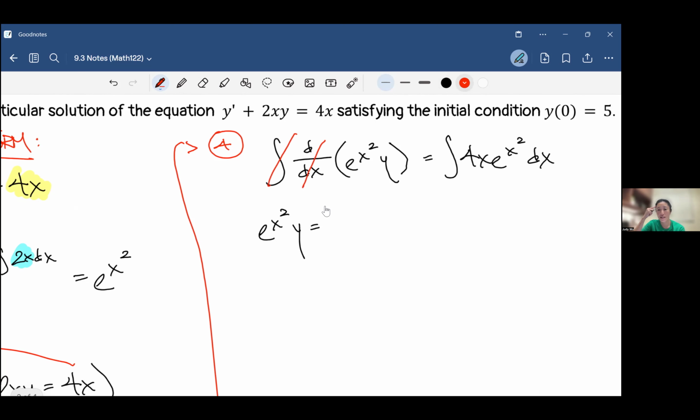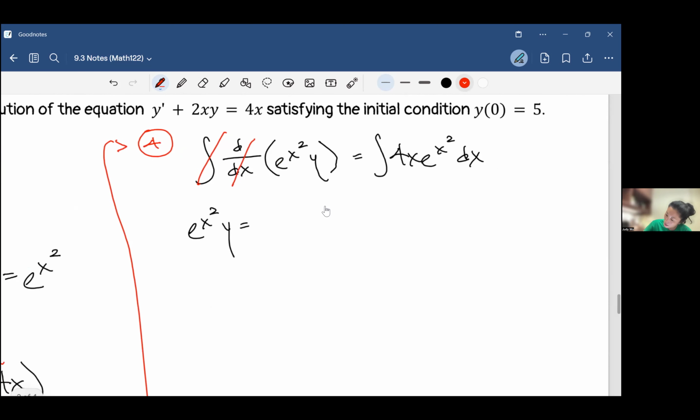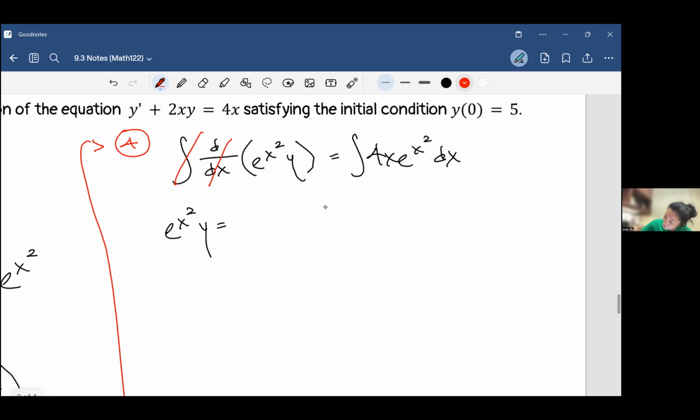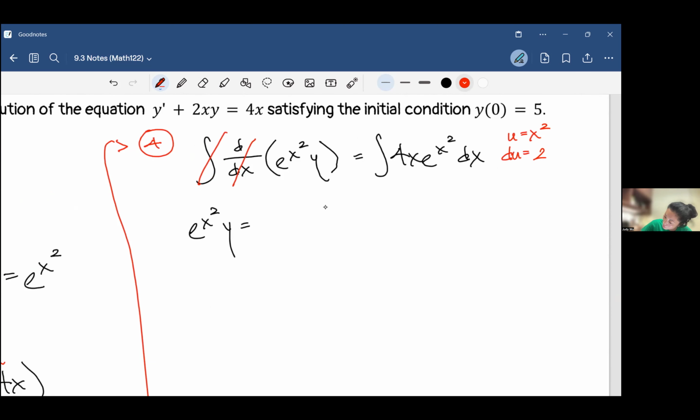Well, doesn't look like a simple integral, so the first thing we should always try is u substitution, all right? So let's let u equal x squared, then du equals 2x dx. But since I have a 4x in here, let me take this and multiply both sides by 2. So that's going to give me 2 du equals 4x dx.